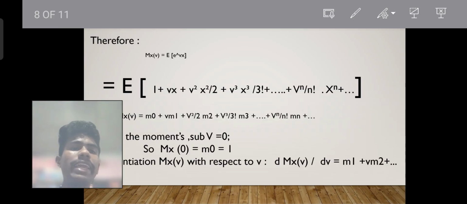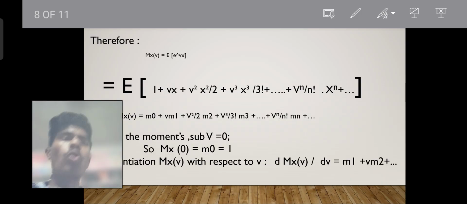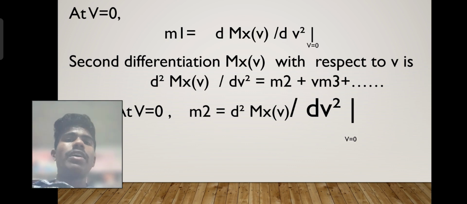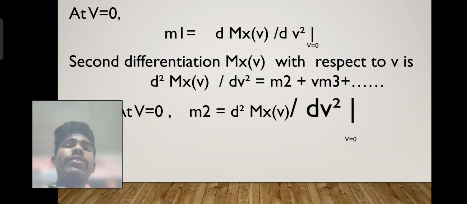That is, dM_X(v)/dv equals m_1 + v m_2 + so on. At v equal to 0, m_1 equals dM_X(v)/dv at v equal to 0.